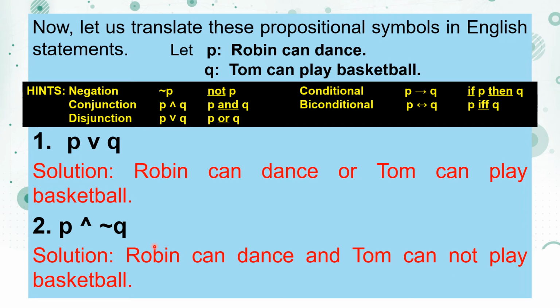I repeat, negation means it is the opposite of the statement. So, the opposite of can is cannot. So, the English statement for this symbol is Robin can dance and Tom cannot play basketball.